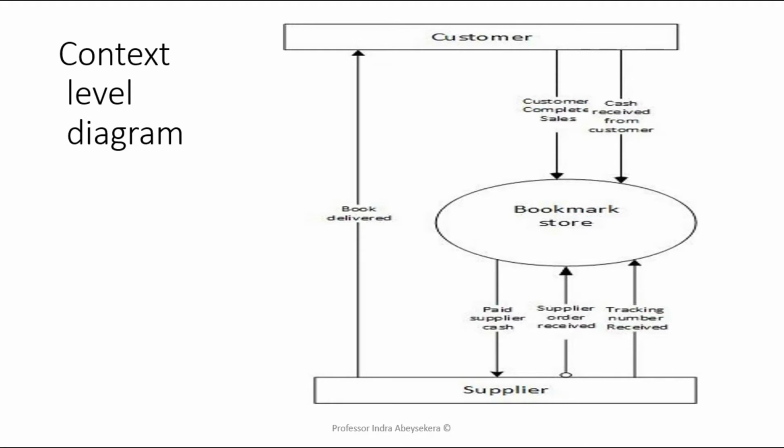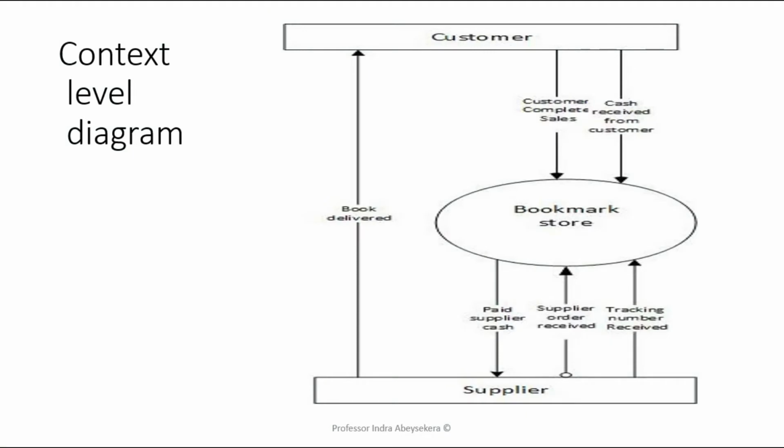The book was delivered directly to the customer from supplier. In relation to bookstore and the customer, there was customer complete sales order, and then cash was received from the customer at the end of the book delivery.